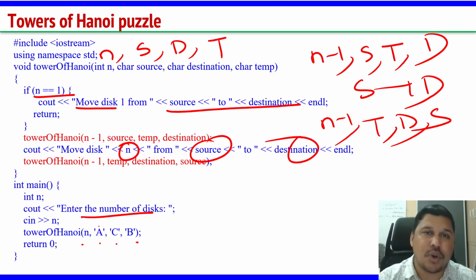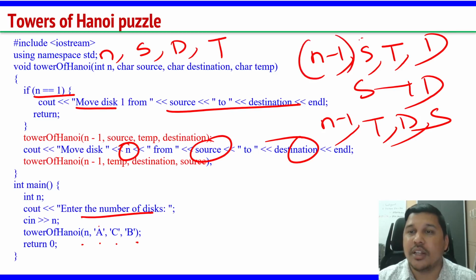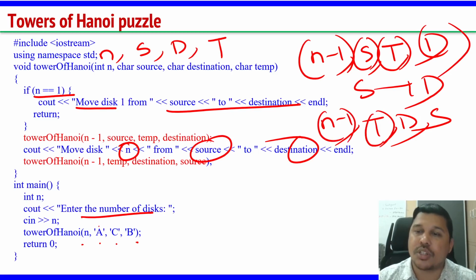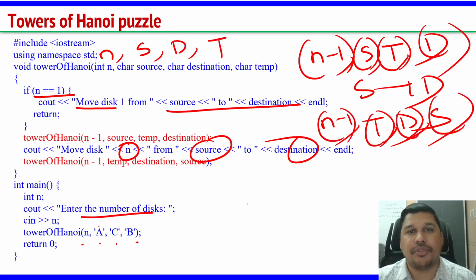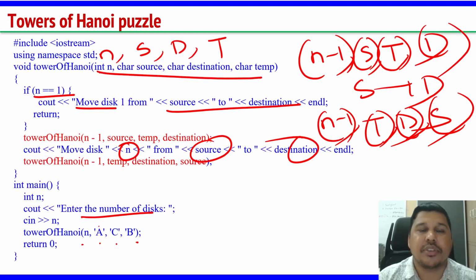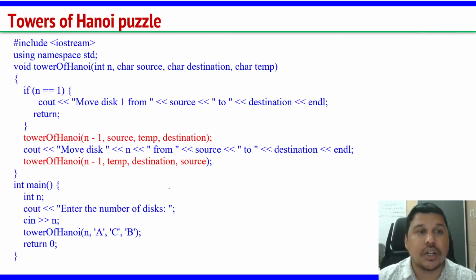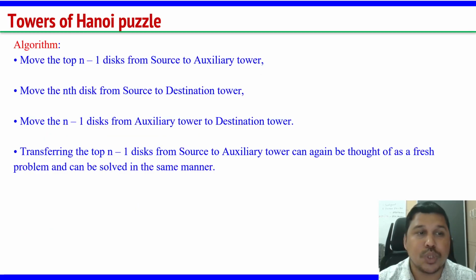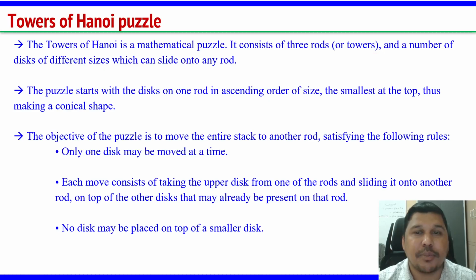This is how we use recursion. n minus 1, the source, the destination and the temporary. Here also n minus 1, the source, the destination and the temporary. The logic is the same, right? So this is about the Tower of Hanoi puzzle, how we do it using recursion. Interesting problem. You have to solve this.